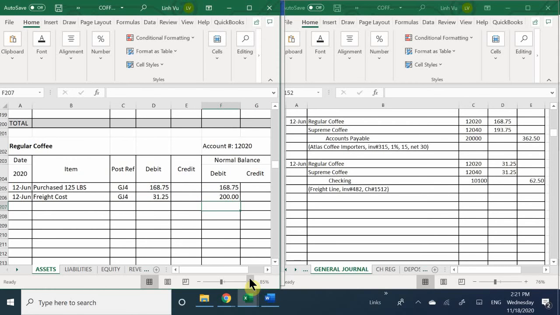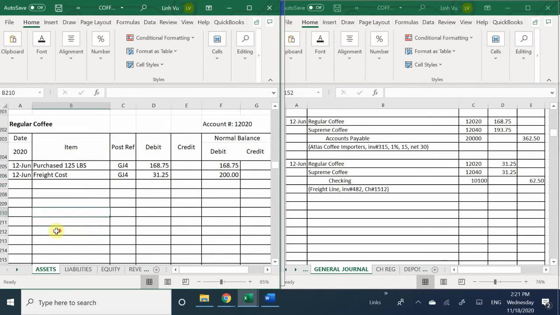Which gives us exactly $200. Let's make note of this because this is going to be the crucial part when we start going back and forth to our inventory worksheet. So here we should have a total of $200 worth in our inventory for regular coffee.